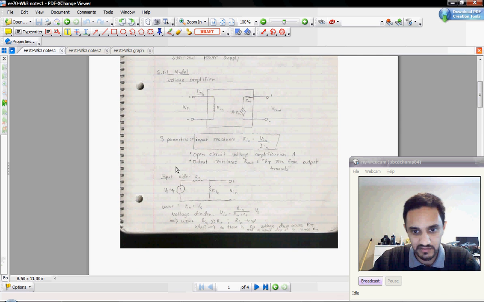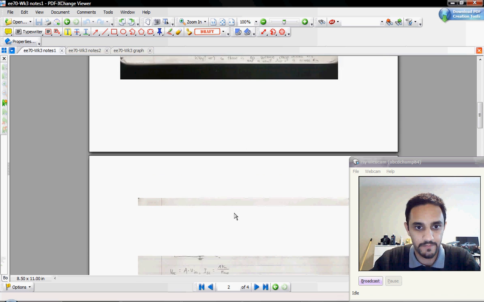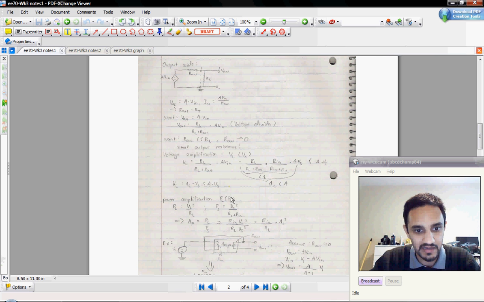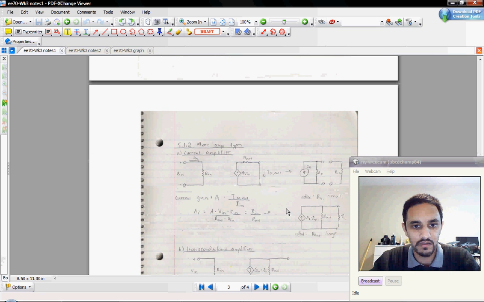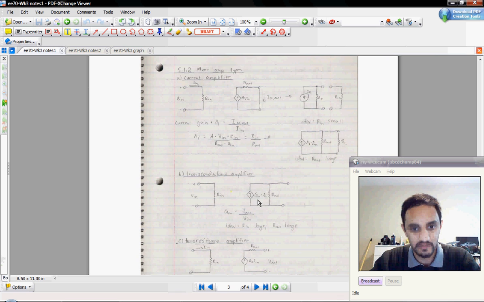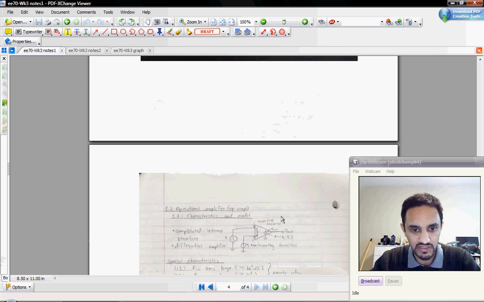Here is the input side, and on the next page we have the output side, and we have power amplification, basically what the device does. Then in these notes we also talk about more types of amplifiers, described with some more pictures and equations.